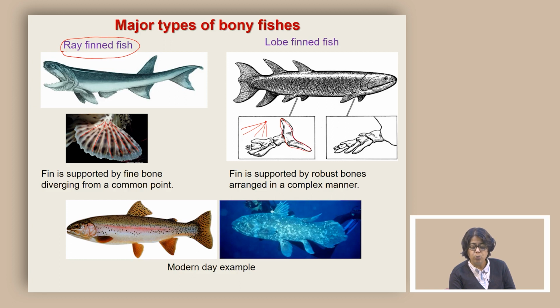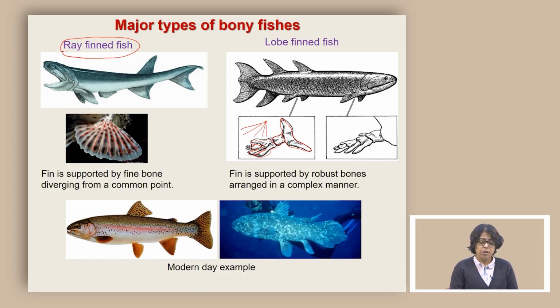It has bones, and these bones are not really radiating from a central point. They have different parts of the bones which are all contributing to the muscular robust structure of the fin, and these fins are much more robust compared to the ray fin.